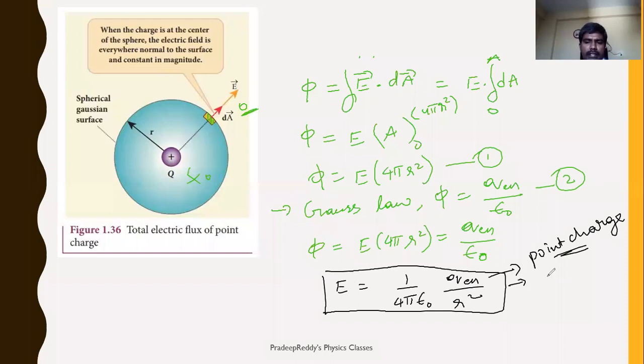Now we got this derivation just by using Gauss law. So you can derive electric fields for all materials using Gauss law. And remember, you can even prove the electric force equation, Coulomb's law, by using Gauss law. So this is the equation for electric field derived from Gauss law. A very important conclusion we have got now.